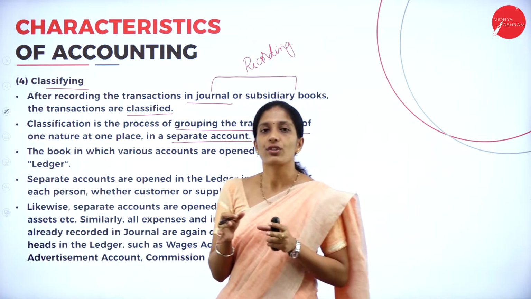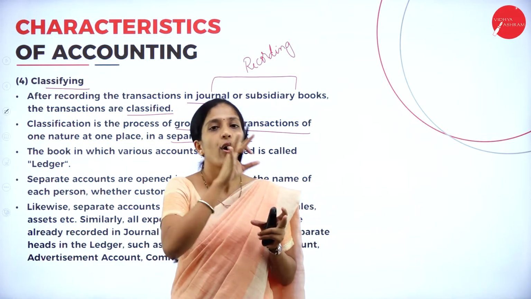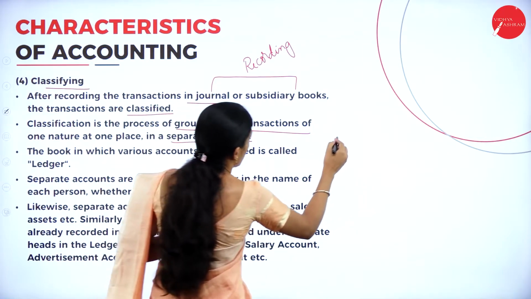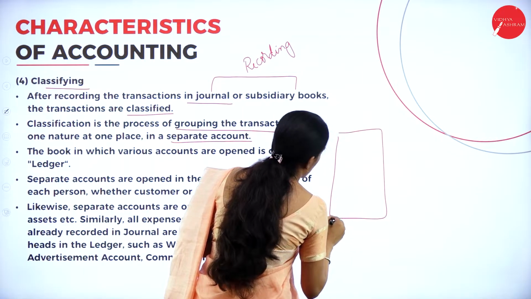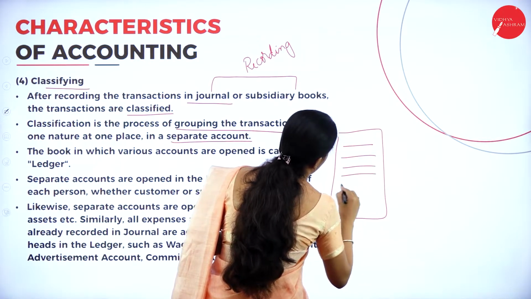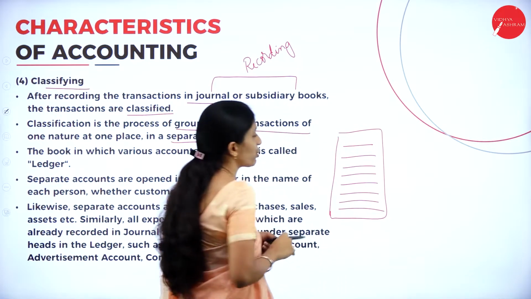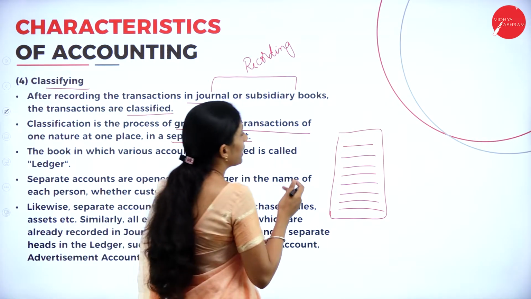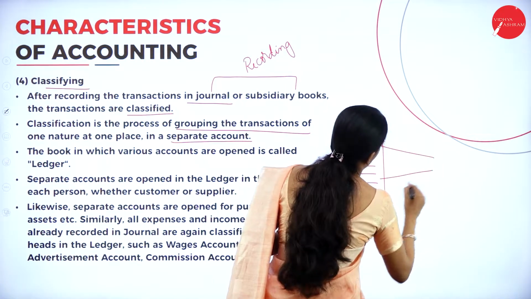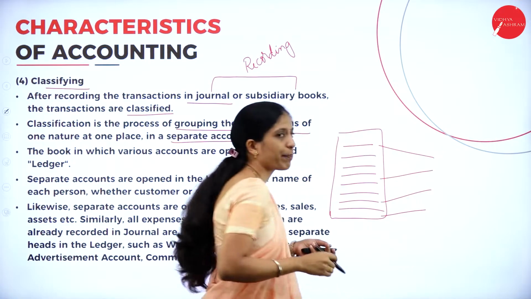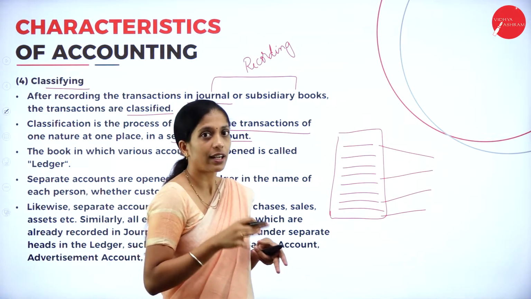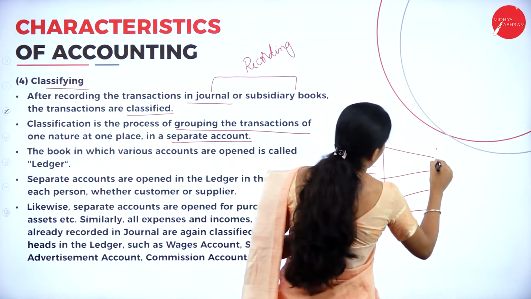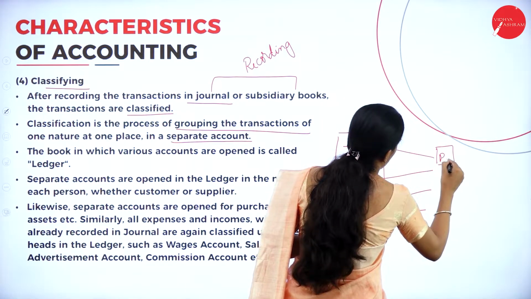What we are going to do is, in the journal we will get all the transactions. In the journal, that is in the recording stage, it will have all the transactions which can be measured in terms of money and which are arranged in chronological order. Now in the classification stage, depending upon their nature, for example, all the transactions relating to purchase will be recorded in one account, that is the purchase account.